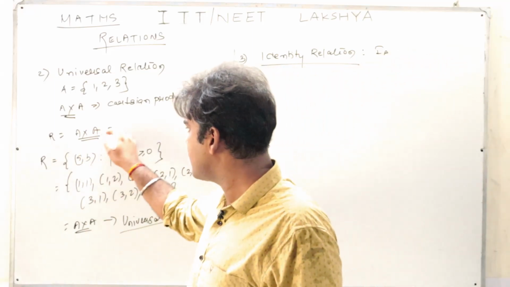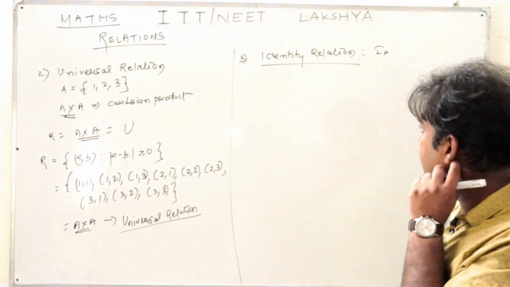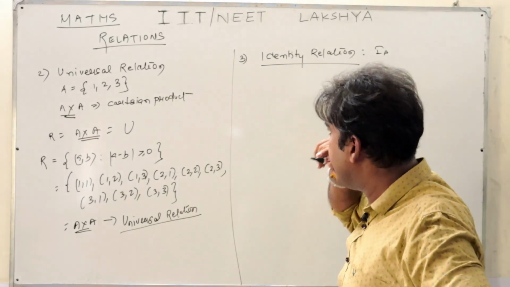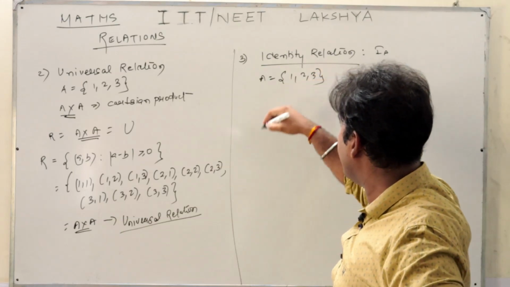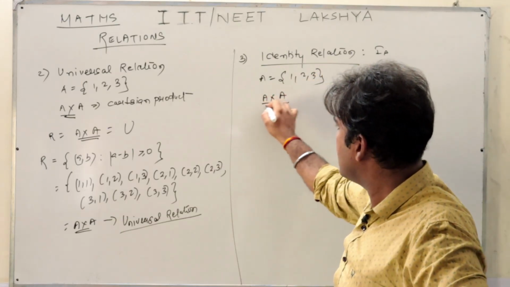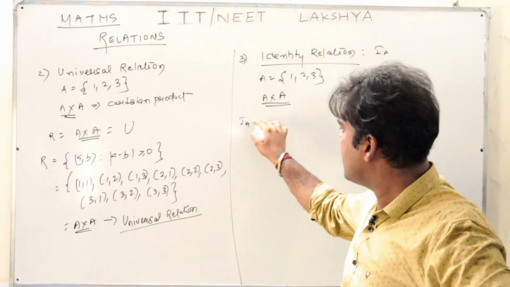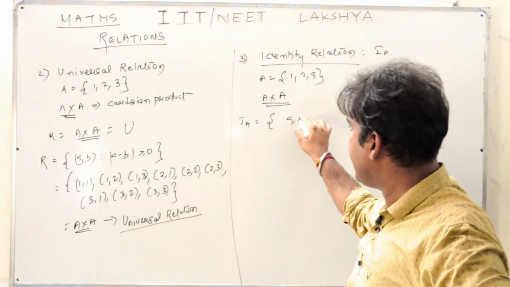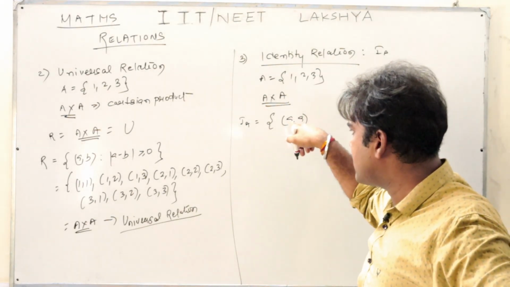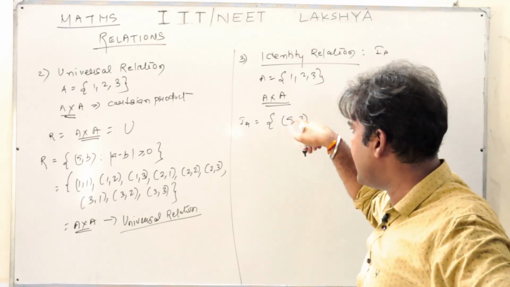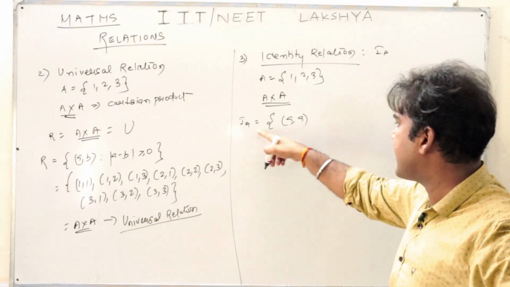Even this universal relation you can denote as capital U. So for the identity relation I_A, suppose again your set A is 1 2 3, and we are defining relations on the Cartesian product A cross A. So your I_A is nothing but (a, a), that is, the element of set A and the element of set B should both be the same.